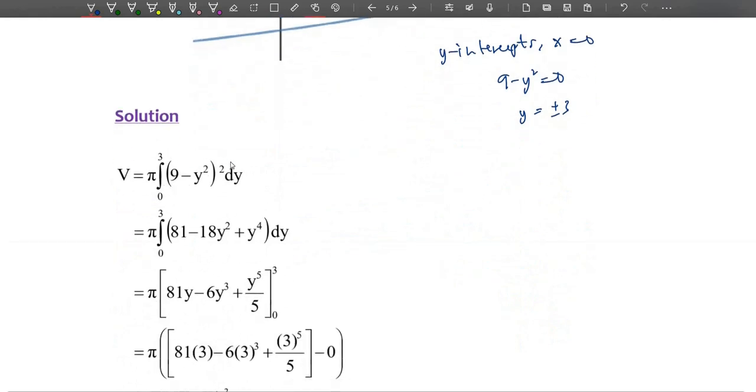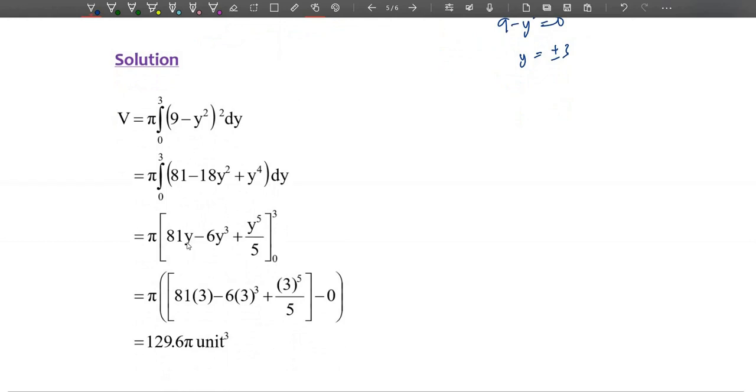9 minus y squared, squared. Remember, it needs to be squared. Integrate with respect to y. Expand, and we will have 81 minus 18y squared plus y to the power of 4. Integrating this function gives 81y minus 6y cubed, because 18 divided by 3 is 6, plus y to the power of 5 over 5, from 0 to 3.